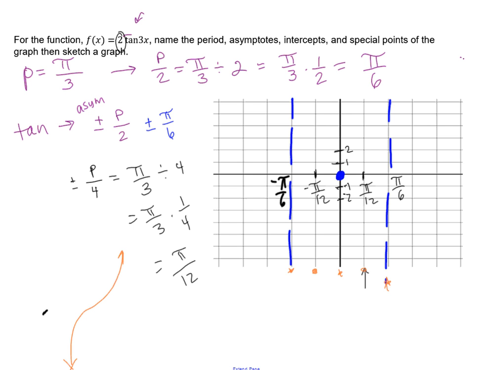So this special point on the left must be down here at -2, according to the amplitude. And then this one on the right is up here at +2. And then to connect the dots, remember it rides along the asymptote, curls, and looks something like that.